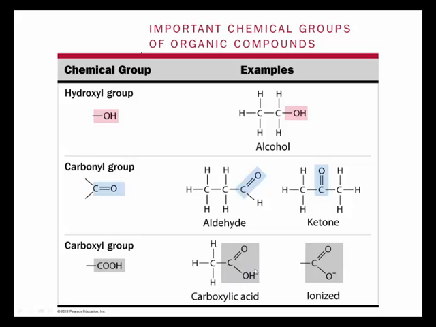This group tends to ionize in water, just like those water molecules themselves, and it tends to lose hydrogen, the proton, in solution. It's because this oxygen here is tugging hard on electrons, because this is a polar covalent bond.